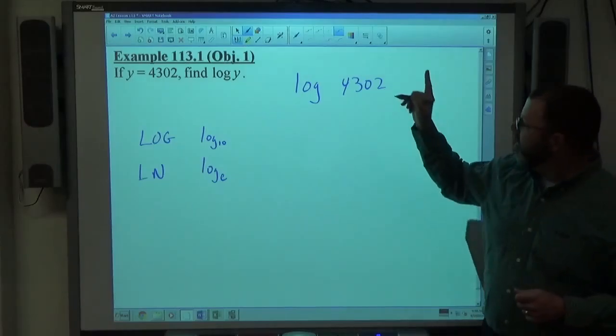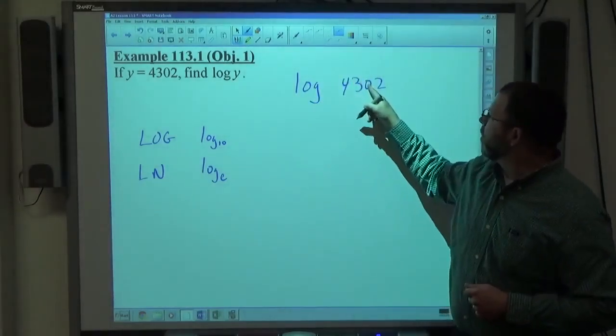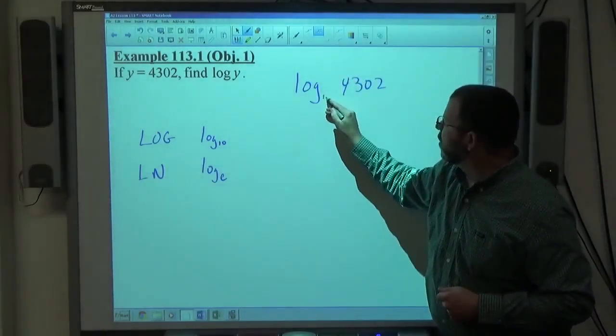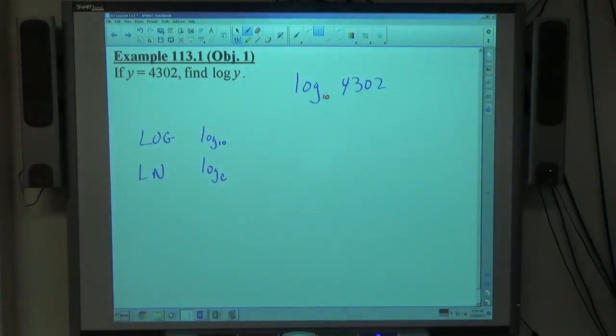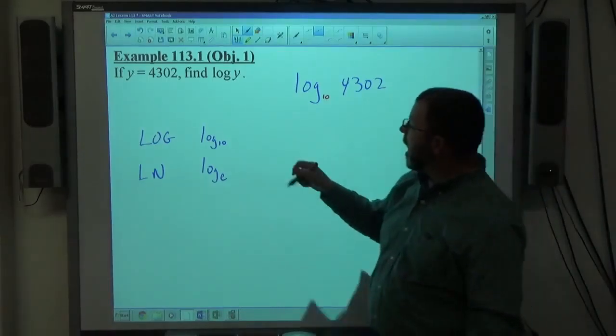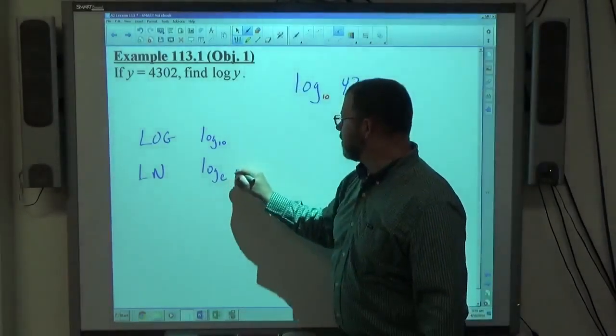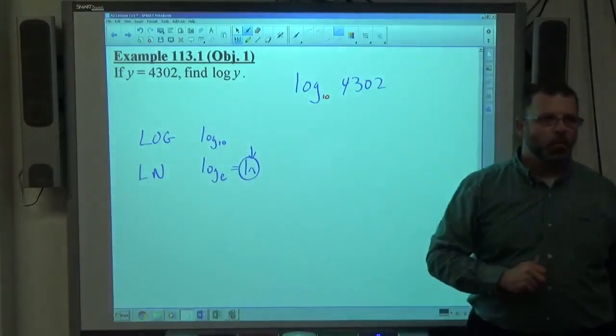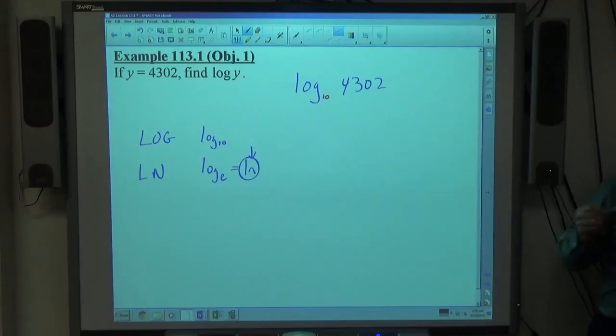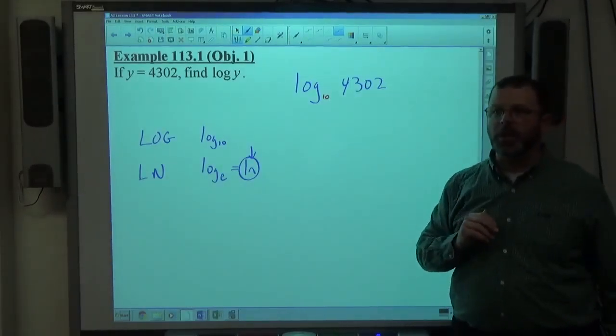The way this is read is log of 4,302, understood base 10. When you see log and there is no base, it's understood to be base 10. When you see log base e, that's the same as ln. That's how they usually write it there, ln, with no base written. ln is natural log. Log is log base 10. Unless there's another base written, those are the two bases we're going to be working with.